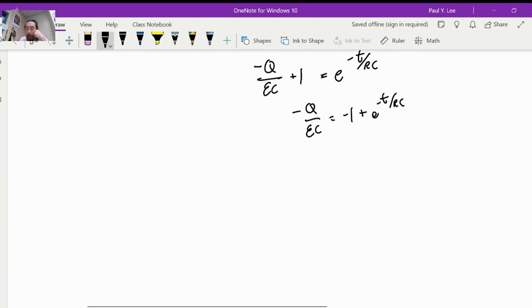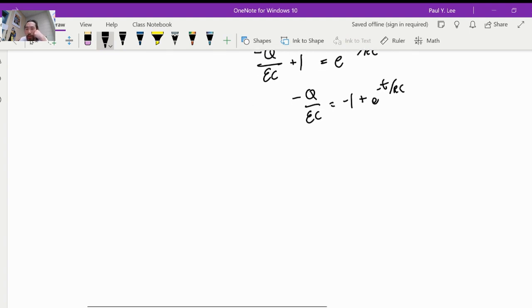My final step is to get a function in terms of Q, so I'm going to multiply everything by negative epsilon C. That single-handedly gets rid of the negative sign and that denominator there. And so we get Q is equal to epsilon C minus, let me do this appropriately.